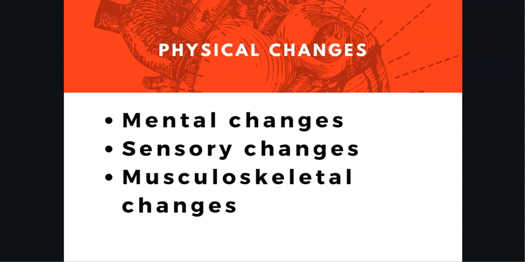With mental changes, they have increased susceptibility to delirium and cognitive side effects from drugs. Sensory changes involve their sight. One third of older adults have a visual impairment, and one third have a hearing impairment, and their smell and taste are diminished. So they start to lose weight, and you compound all of that with medications, and we've got problems and situations.